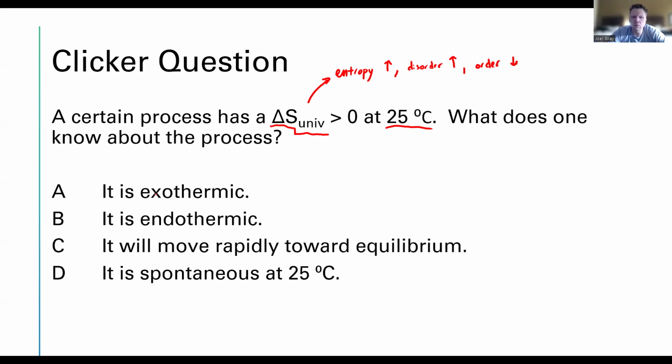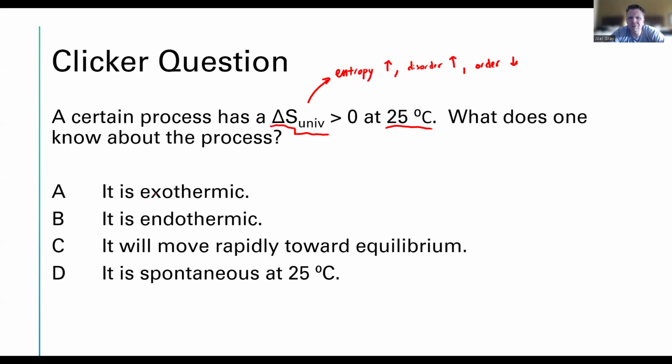So what we can say is that it's unlikely to be A, as opposed to B. Well, when our delta S is positive, that indicates that we have a system that's absorbing heat from its surroundings. So it's more likely that it's B than it's A.